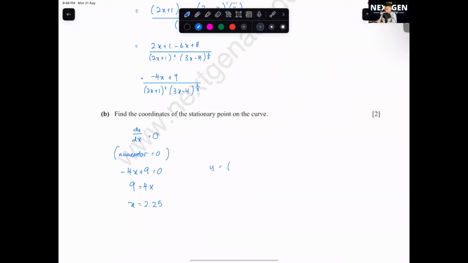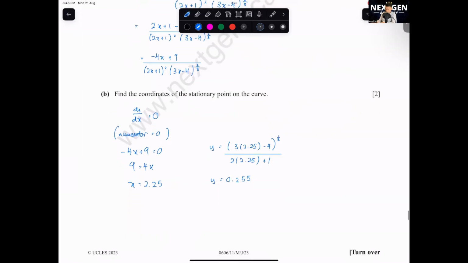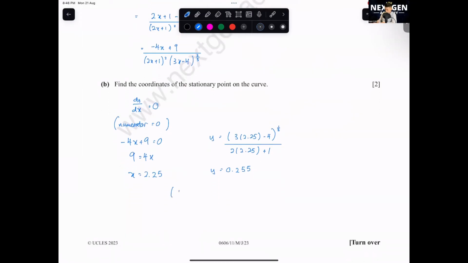So y equals 3 times 2.25, negative 4, 1 over 3 over 2 times 2.25 plus 1. y equals 0.255. So you need to present it like this: 2.25, 0.255.